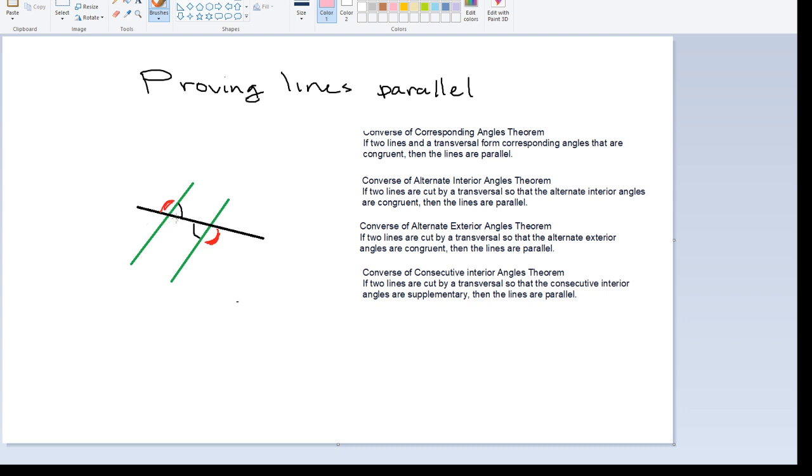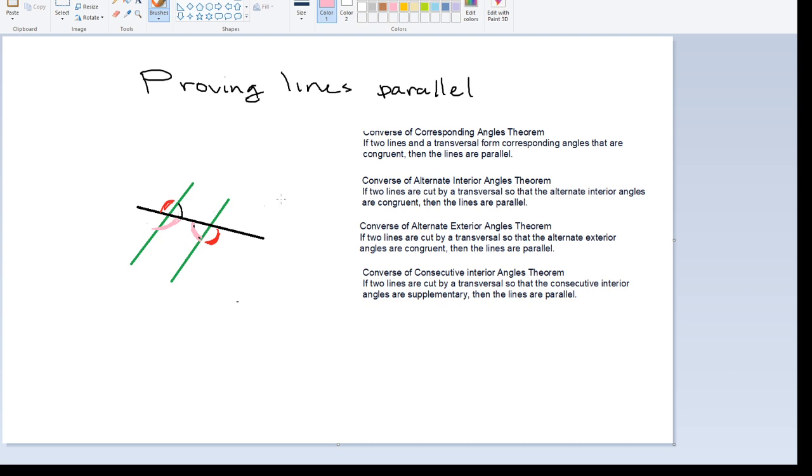So for example, if this angle here and this angle here are supplementary, meaning they both add up to 180 degrees, then we can say these two green lines are parallel. Okay, so hopefully that makes sense.